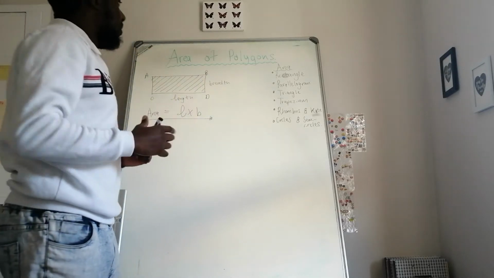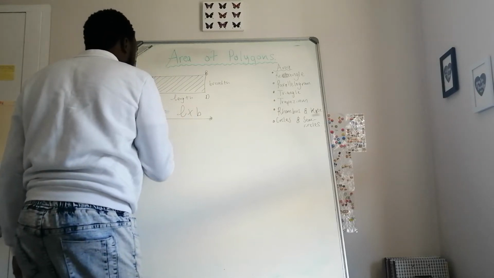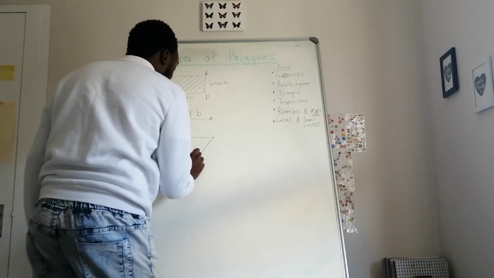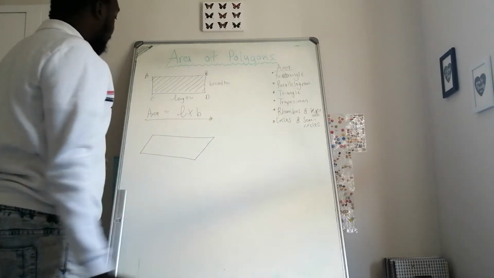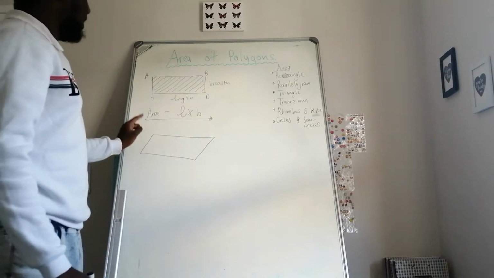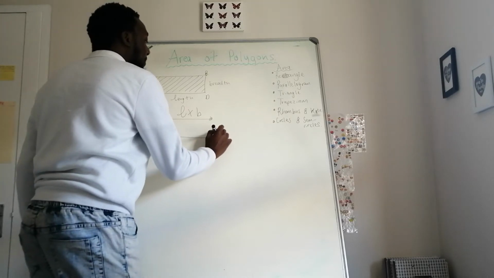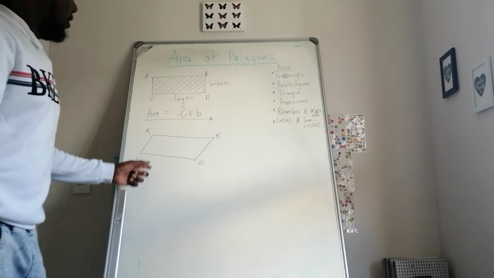Then the parallelogram is kind of like a rectangle, but it's slanted a little bit to the right or left. So obviously this one is slanted to the right. So how do we calculate the area of that? I'll label it A, B, C, D, right?